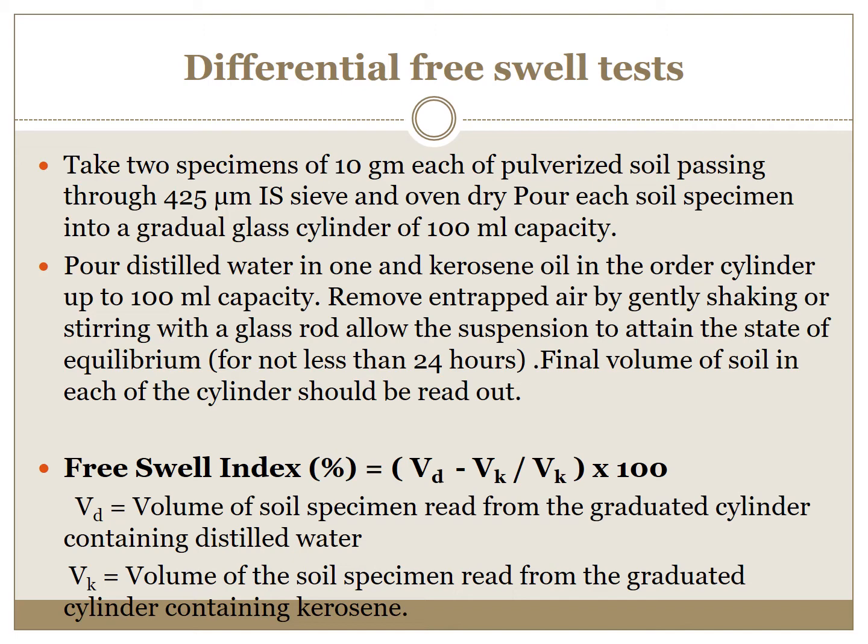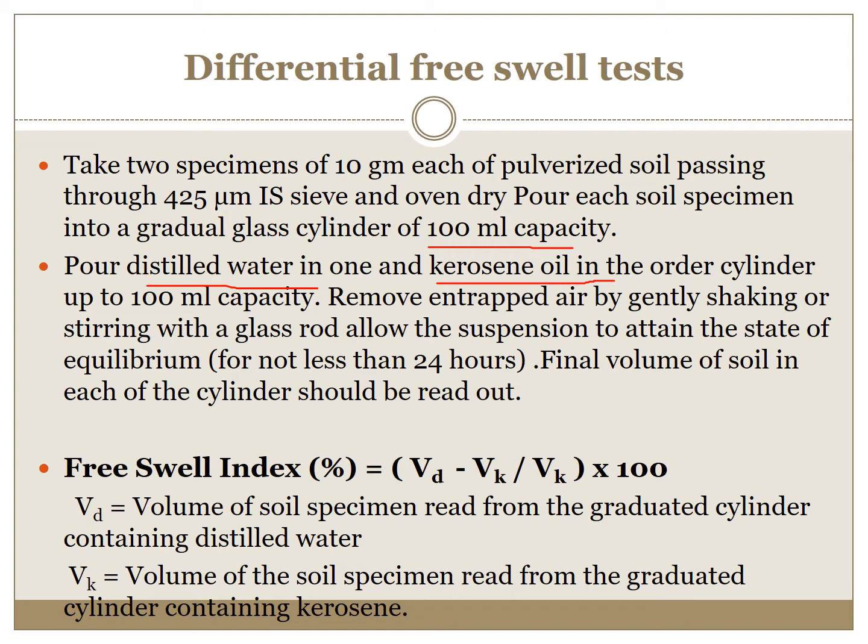Then each soil sample is poured into a graduated glass cylinder of capacity 100 ml. Then in one graduated glass cylinder, pour distilled water, and in the other, kerosene oil. Then remove entrapped air by gently shaking or stirring with a glass rod.